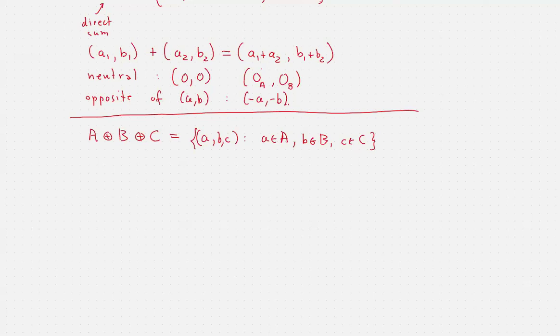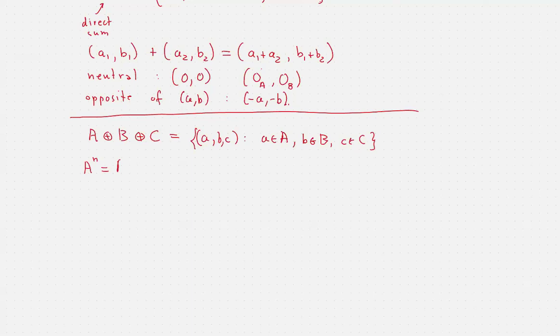What we would like to say is that if we take the same group and we take its direct sum with itself a few times, then we come up with the power of a group.